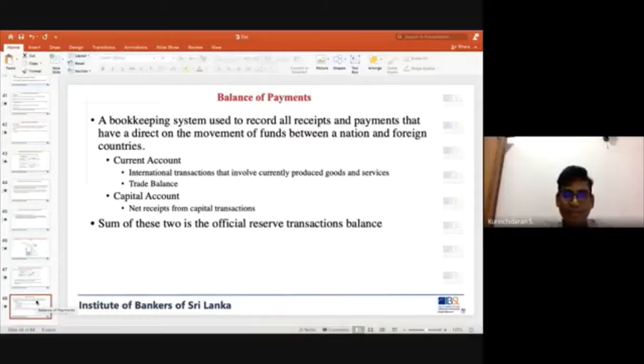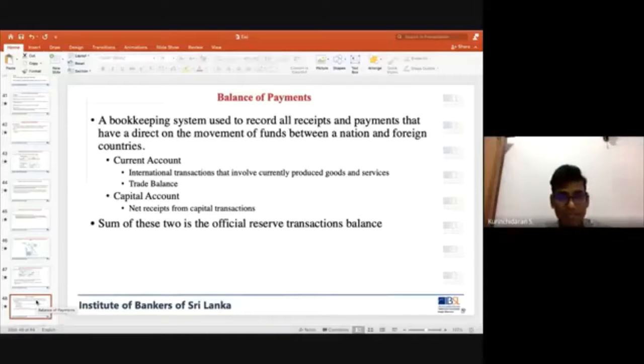So now you can take balance of payment as an account that records inflows and outflows of foreign funds. Finally, you take the balance. That's what balance of payment is. If that is positive, your official reserve is going to increase, and if that is negative, you are going to use your official reserve to set off those negatives, right?